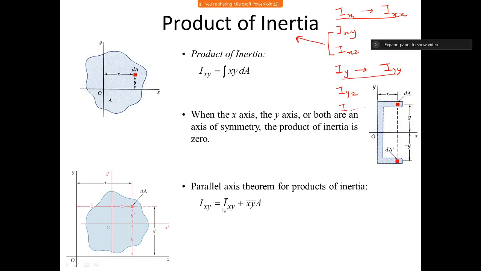And if I'm talking about mass moment of inertia, then I bar will refer to I about the center of mass. Now if I want to move from point C to point O, then I can write I about the XY axis is equal to I bar about the centroid plus X bar Y bar times the total area A. So that is the parallel axis theorem for the product of inertia.